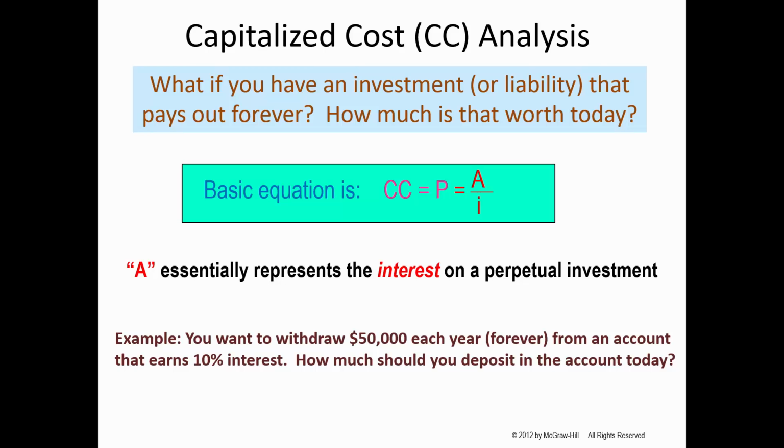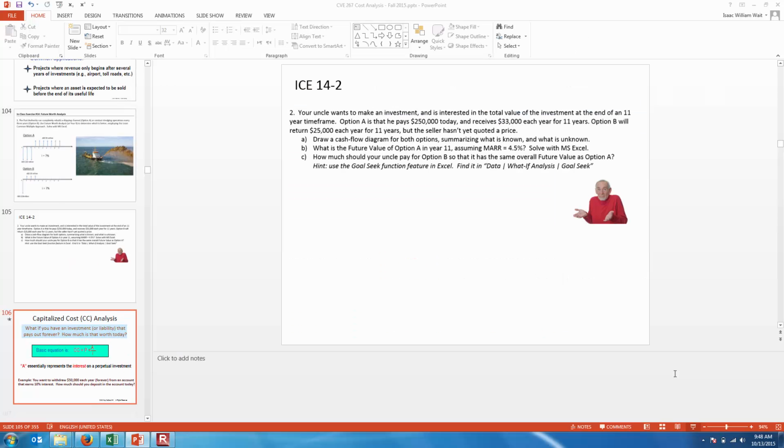So the present value of that is $500,000. So it's quantitatively the same to receive $50,000 a year forever versus $500,000 as a one-time payment. That's just something very brief that we'll revisit again, the idea of capitalized cost, but I wanted to introduce it for you the first time today.